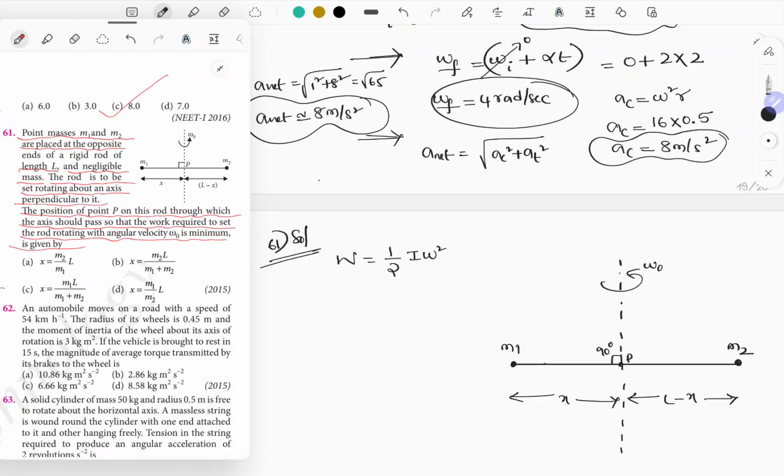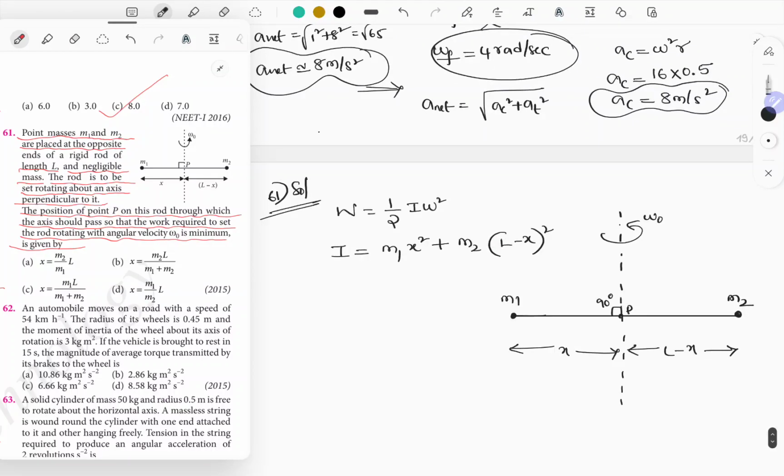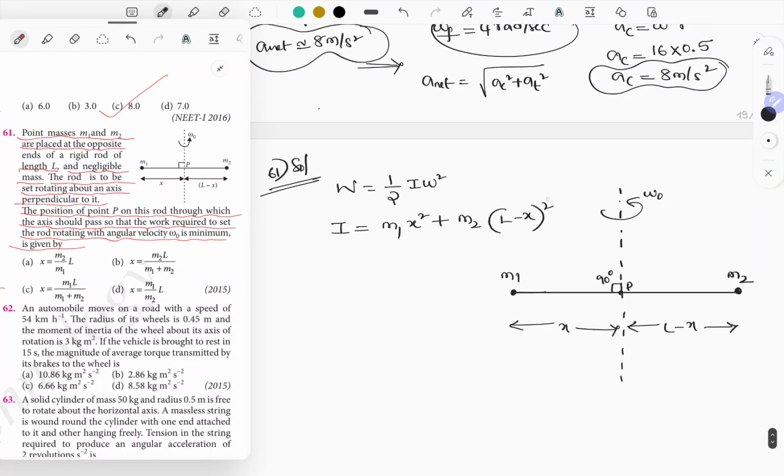So we should find out the moment of inertia about point P. M1 is at a distance x, so M1 x square. M2 is at a distance L minus x, and it is going to be mr square, right? That is the reason for L minus x whole square. This is the moment of inertia.